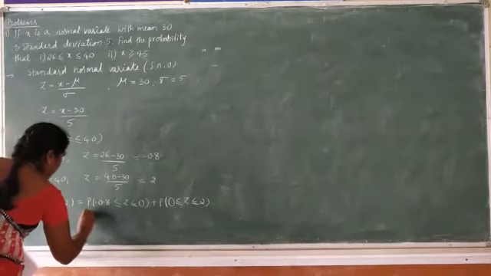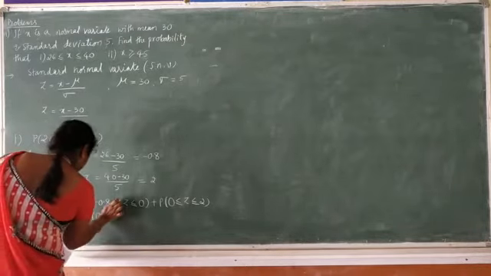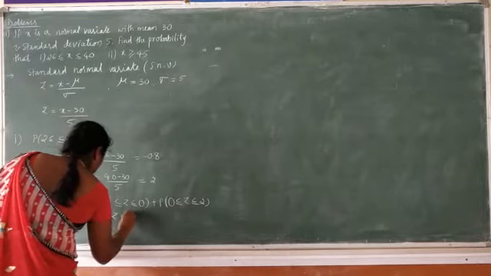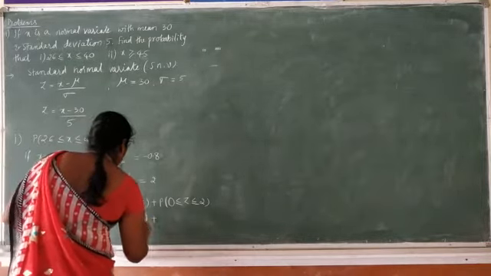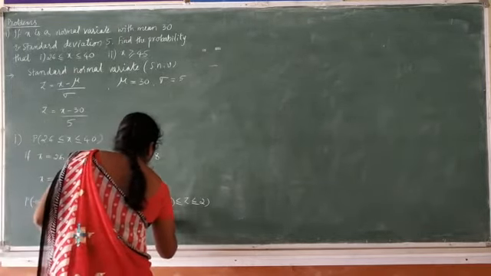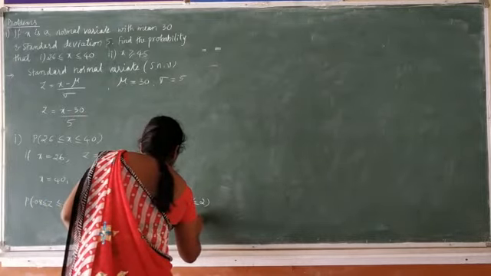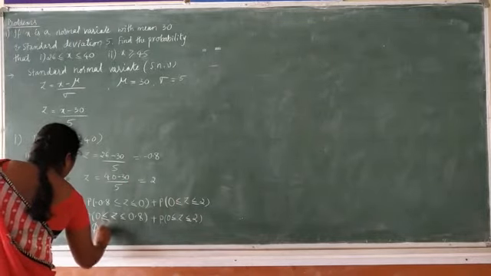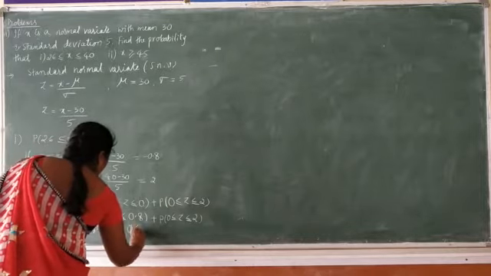Or this you can write as P of 0 less than or equal to z less than or equal to 0.8, plus P of 0 less than or equal to z less than or equal to 2. Or phi of 0.8 plus phi of 2.